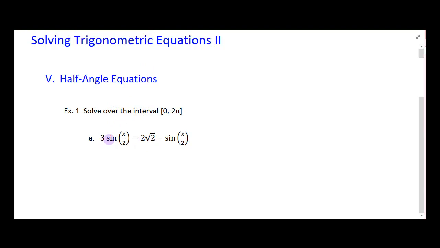So if we're looking at this, notice that if I take the sine of some angle, this here in parentheses, where the variable is at, is the angle that I'm talking about. And this angle is divided by 2 in this particular case. So we call this a half angle. And when we address these types of equations, we want to start by understanding the interval that we're talking about is addressing x.